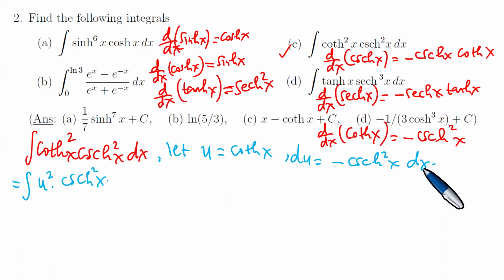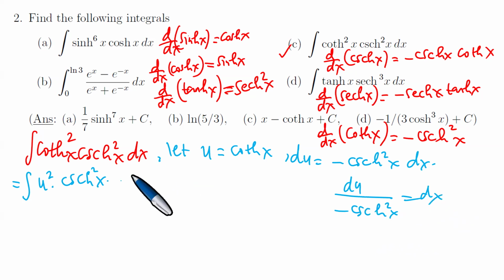What is dx? According to this, dx is du over minus the hyperbolic cosecant squared of x.